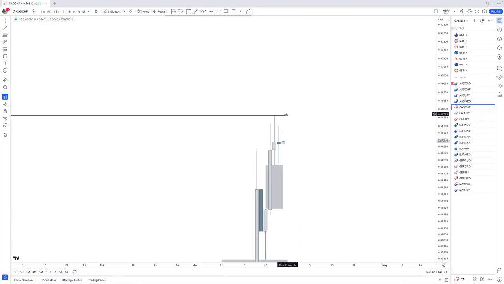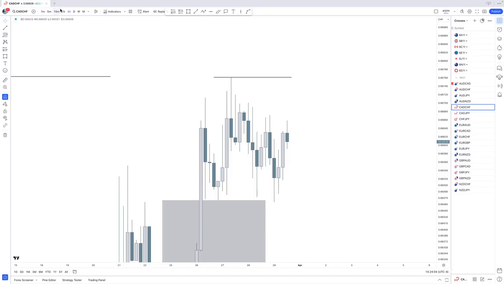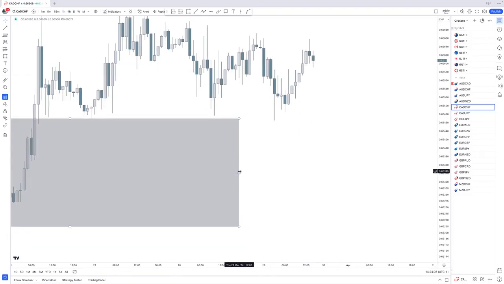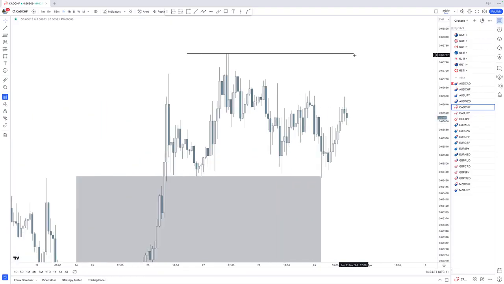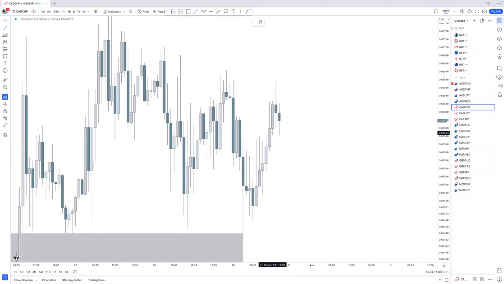So in this case, we already have context towards that weekly fair value gap potentially, where that swing high is right there. So in this case, we can already go into the 4 hour and even the 1 hour to see if we have fair value gaps already supporting the idea of continuing higher towards that high. But currently I would argue, yes, we have it somewhat, but if we want to trade this next week, then I would still want to wait for a little bit more clear price action as well.